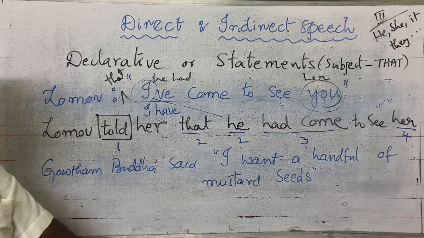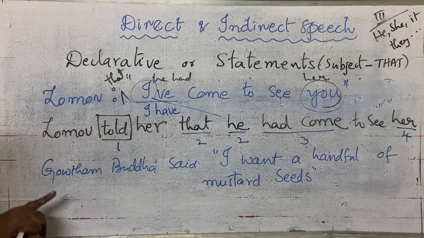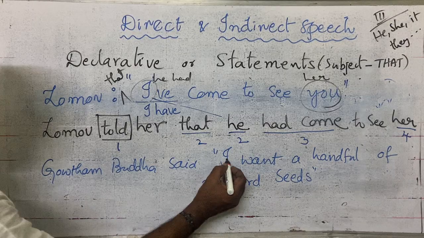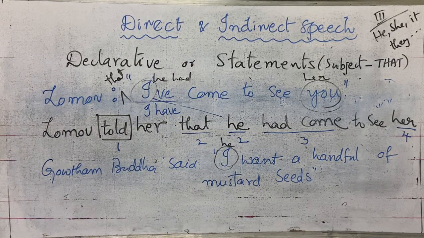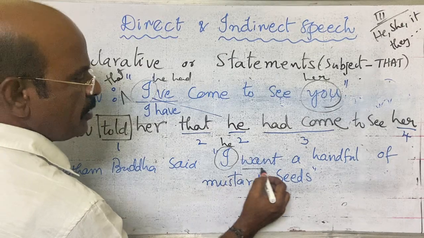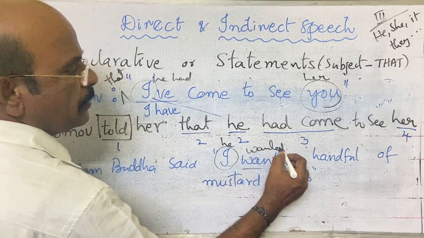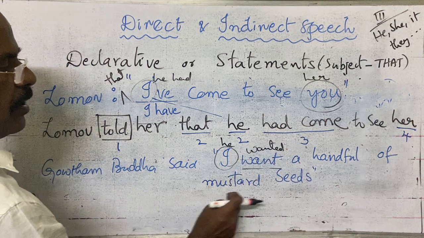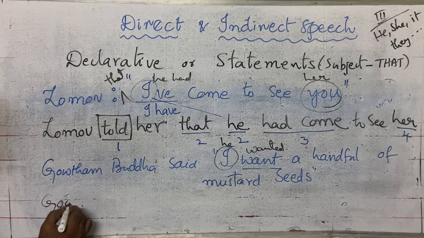So I means who here? Gautama. So we take I as he. Want is present tense, so we use the verb wanted. A handful of mustard seeds won't be changed, because that is third person.